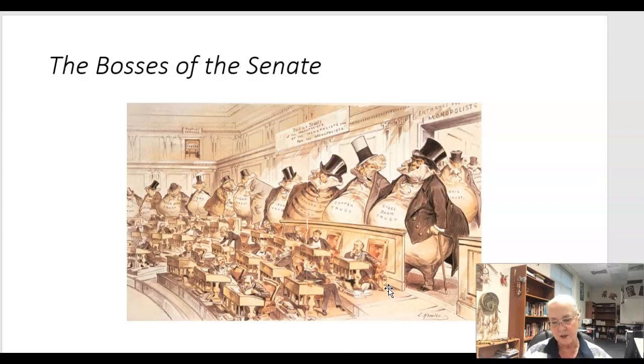So Ulysses S. Grant gets elected in 1868. He is president for two terms. He was a great general. He was a horrible president, because as a general, when you say jump, all your guys say when and how high. That's the way the military works.